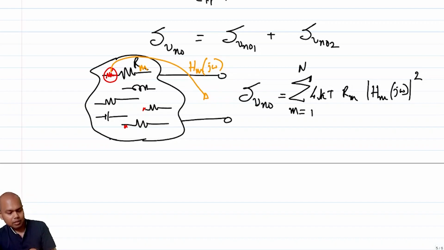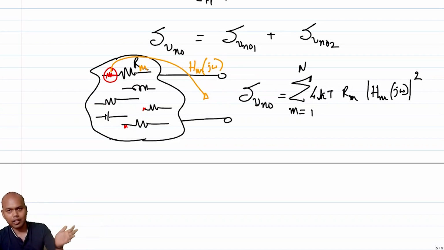But note that if you do this by hand, it requires us finding out transfer functions. If there are 10 resistors at different parts, I have to find out the transfer function from each of those resistors to the output individually. So 10 transfer function calculations and then doing this summation.